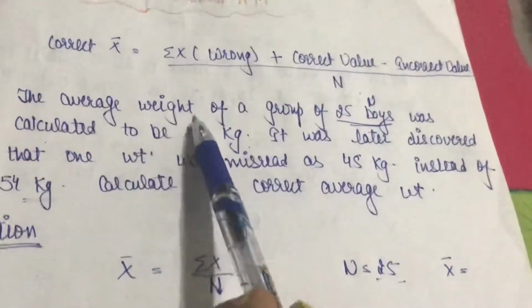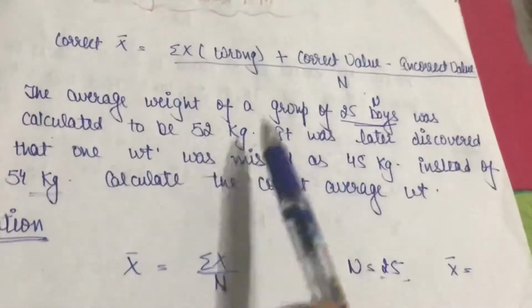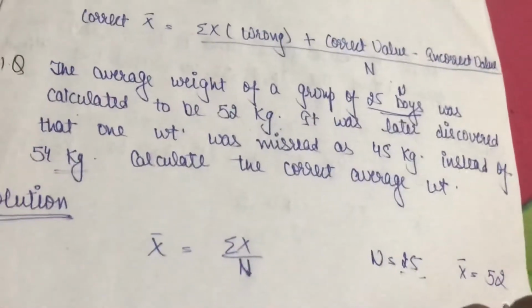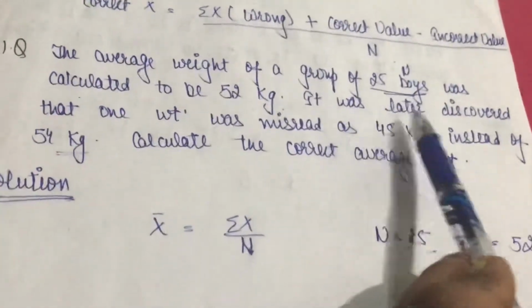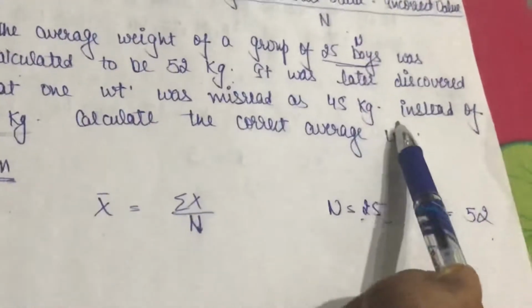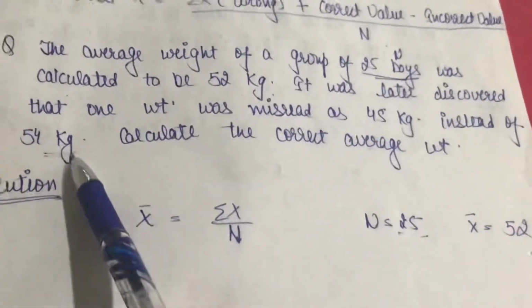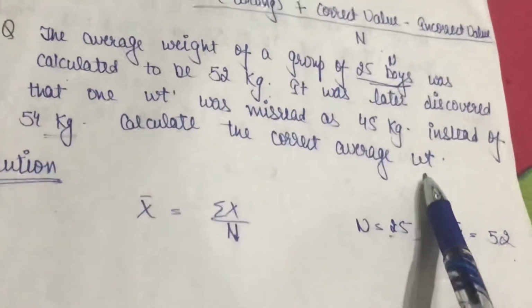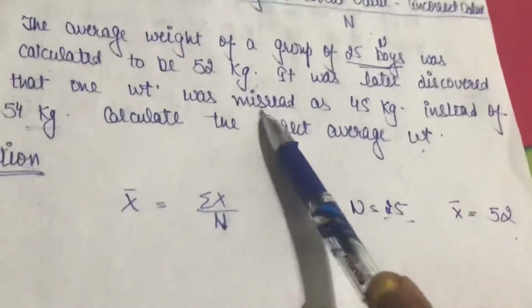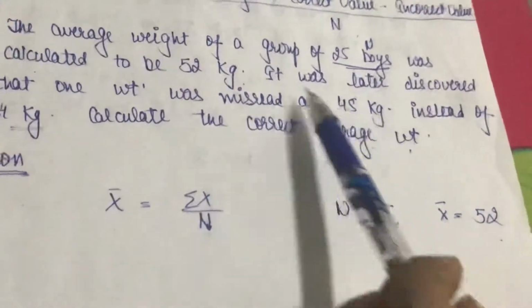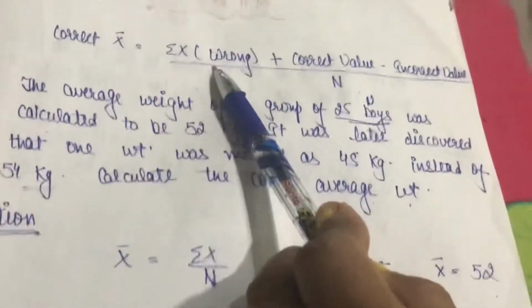It means mean is 52 kg. It was later discovered that one weight was misread as 45 kg instead of 54 kg. Calculate the corrected average weight. So this is given to you, and you have to calculate the corrected average weight. So you will use this formula over here.